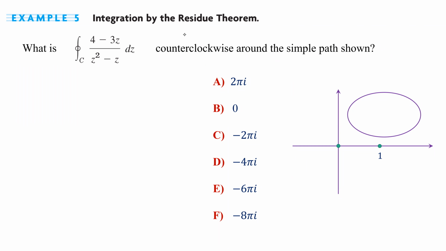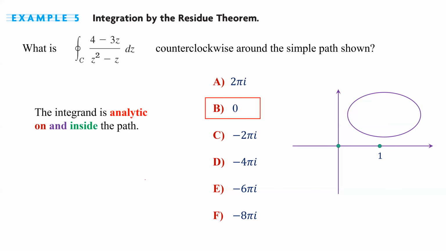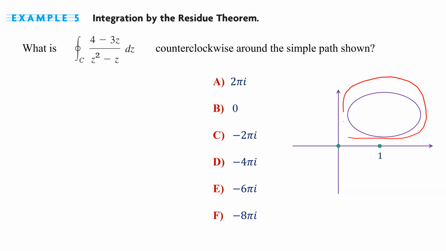So when the function is analytic, the integral is 0, okay? It is only non-zero if there are some singular points inside, okay? Again, Cauchy's theorem applies. See, we have a region or domain, let's say this is the domain, in which the function is analytic, and we have a simple closed path inside that domain.